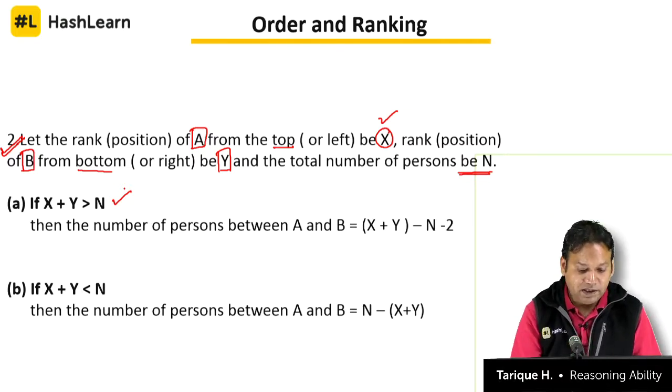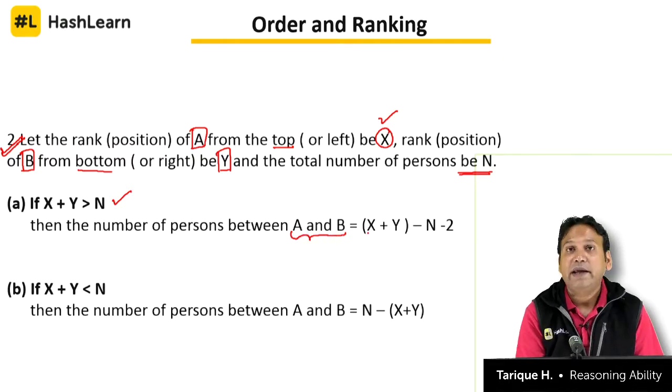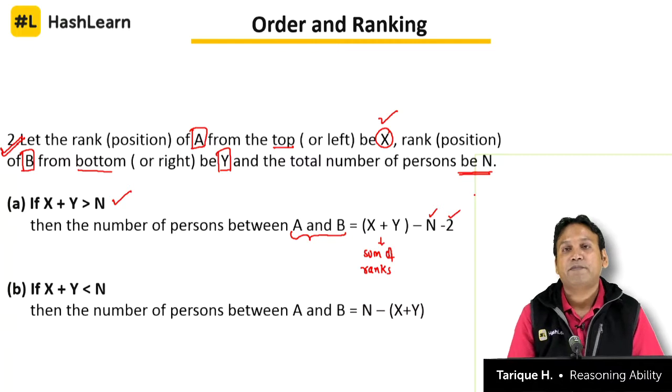If this happens, the number of persons between A and B is equal to the sum of the ranks, X plus Y, minus N, that is the number of students in the class, minus 2. Clear?